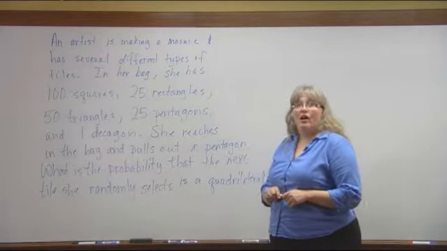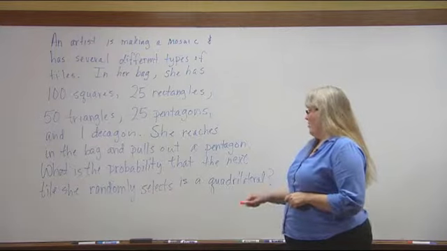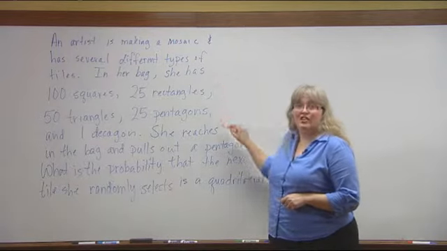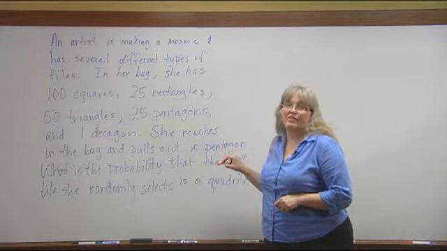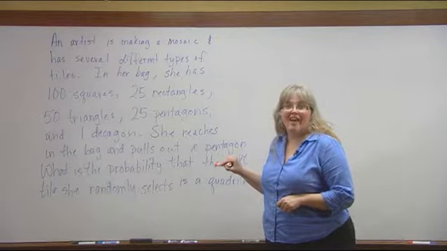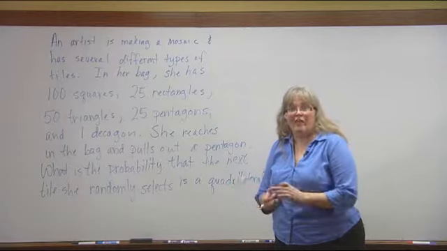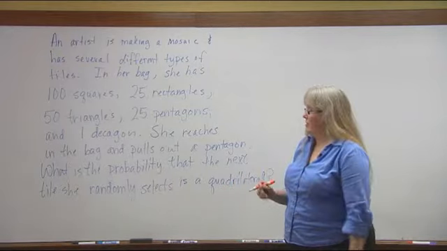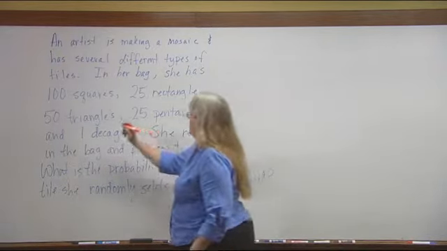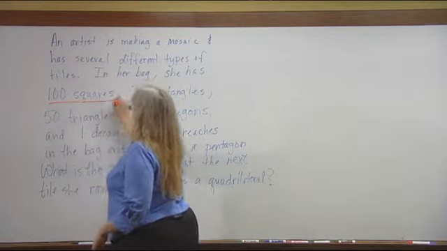So, one thing we need to think about is which of these different shapes are quadrilaterals. So I'm going to start there. And I will underline the shapes that are quadrilaterals, since that will be the focus of the probability that we're looking at. So squares are quadrilaterals.